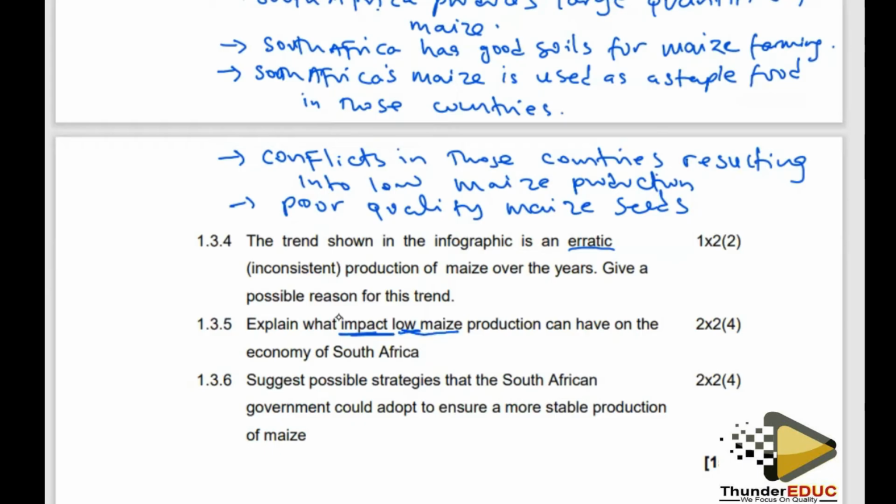So how does low maize production impact on the economy of South Africa?